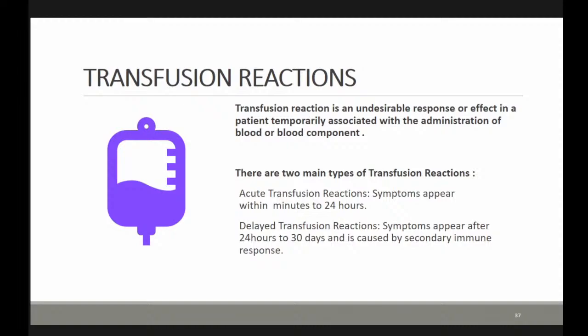We have the acute transfusion reactions, where we would see symptoms appear within minutes to up to 24 hours. We also have a delayed reaction where symptoms appear after 24 hours and up to 30 days and is caused by a secondary immune response. Next slide.